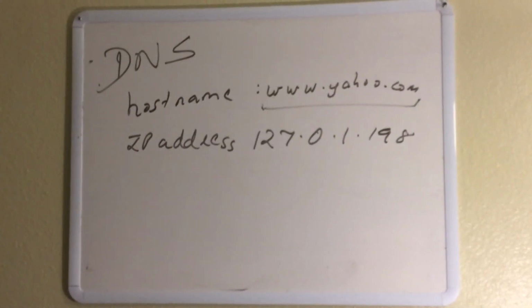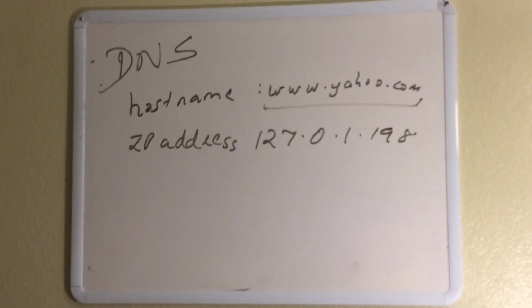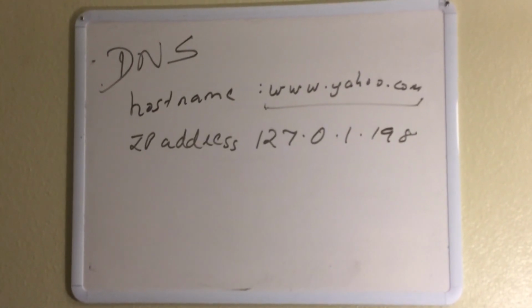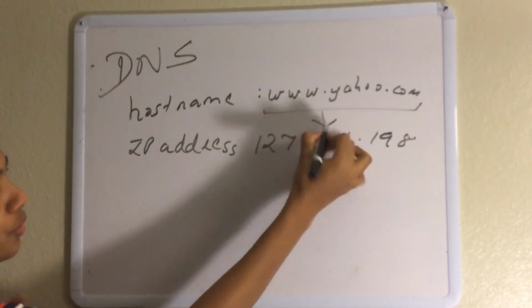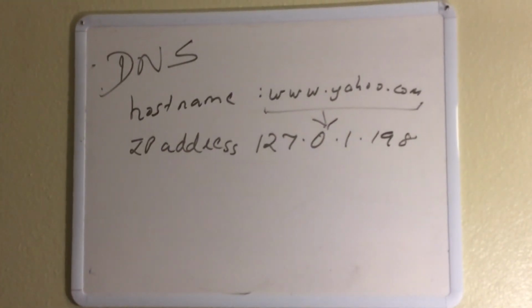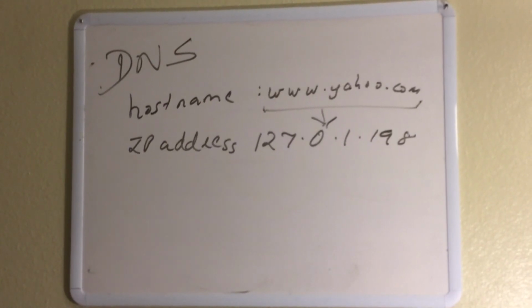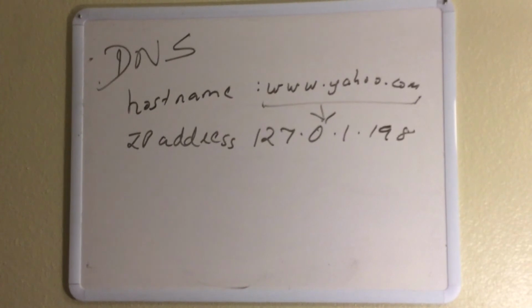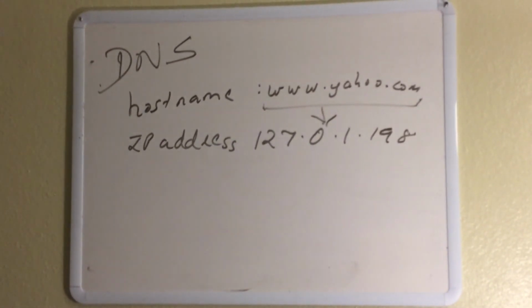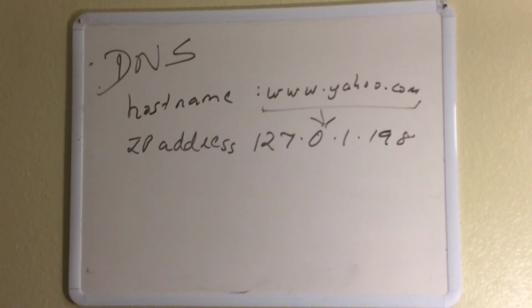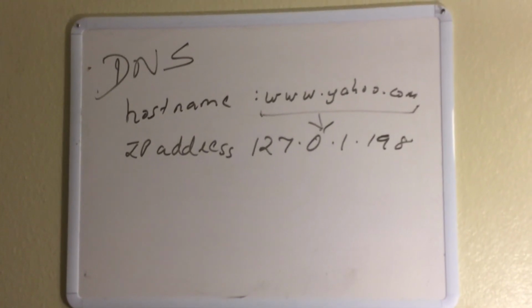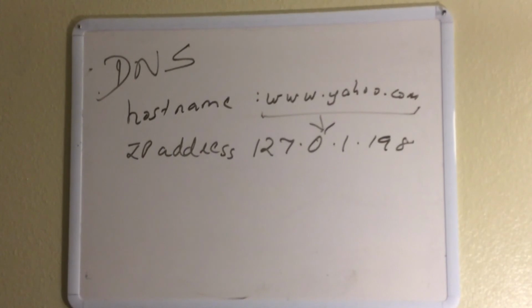Now, the service provided by DNS. The main task of DNS is to translate the host name to its corresponding IP address. What is DNS? It is actually a distributed database that is implemented in a hierarchy of DNS servers. It's also an application layer protocol that allows hosts to query the distributed database.